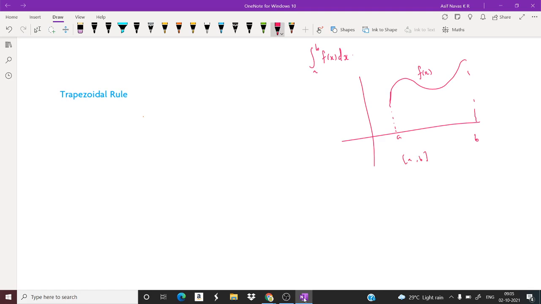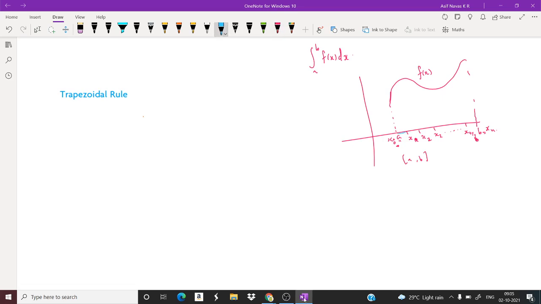That means this is x0, x1, x2, etc. up to xn minus 1, and b, which is xn. So a equals x0. Okay, so we will cut it into n intervals, and each interval is equally spaced.